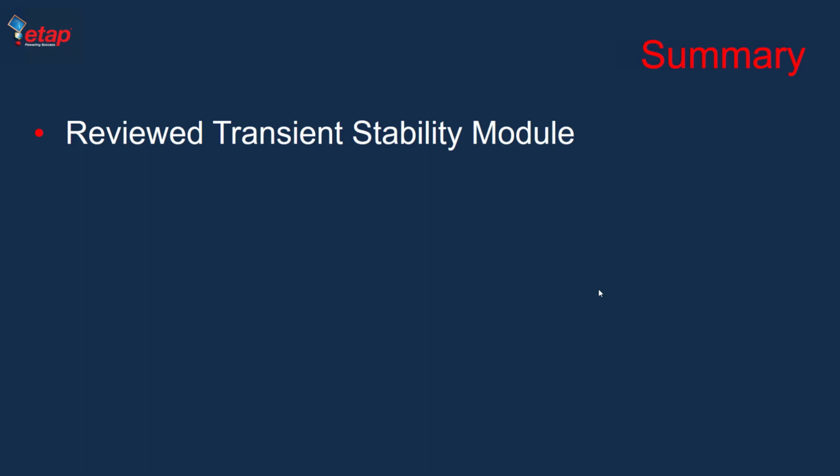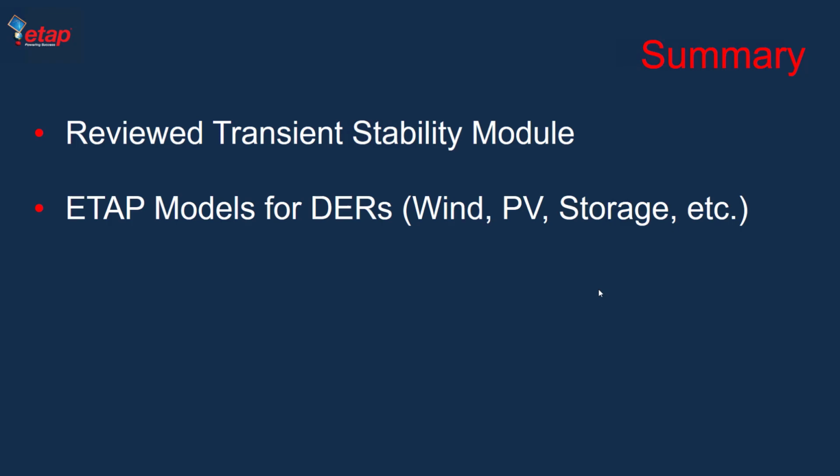We first reviewed the transient stability module of ETAP. In this webinar, we mostly focus on the distributed energy resources models and how they're supported in ETAP. We look at the legacy models, WECC models, the generic models that we had for over 10 years ago. And then we look at the newer models, WECC, basically the latest second generation.